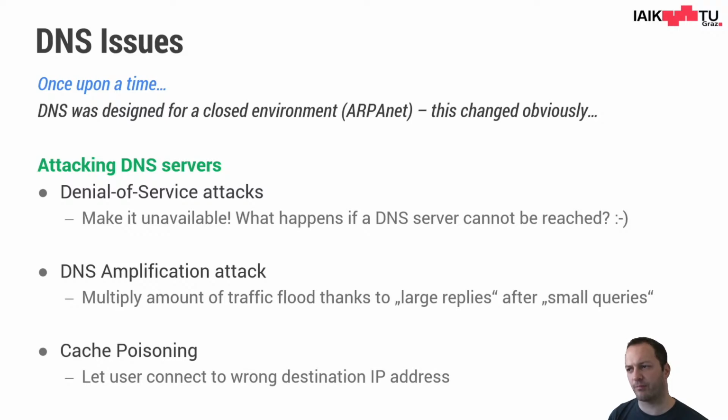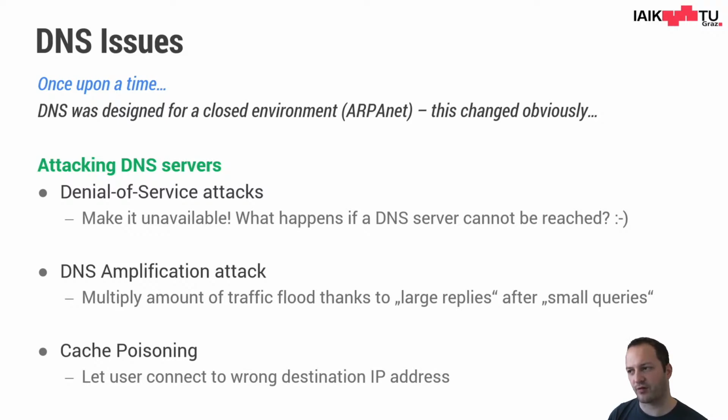And an attacker doesn't even have to attack the web server. By just making the DNS resolver, the name servers, unavailable, users will no longer be able to retrieve the correct IP address. Very often, it already happened in the past that DNS was used for an amplification attack.